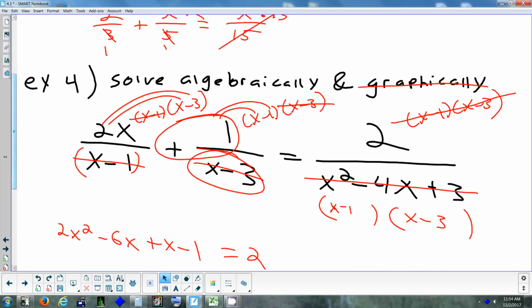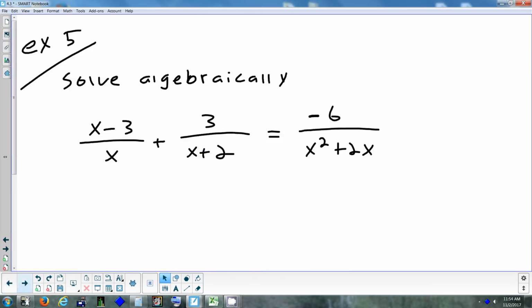You've got 2 fractions on the left, you've got 1 on the right, and if you factor the one on the right, how does it factor? X plus 2. Yeah, it does factor into x plus 2.